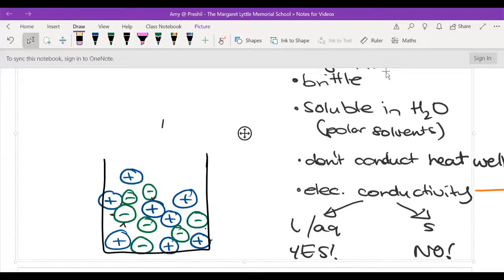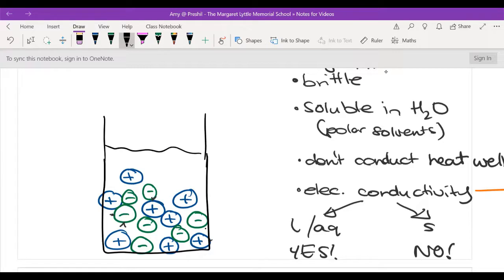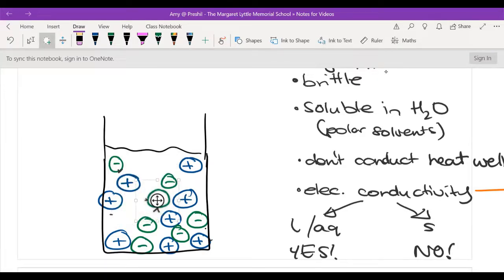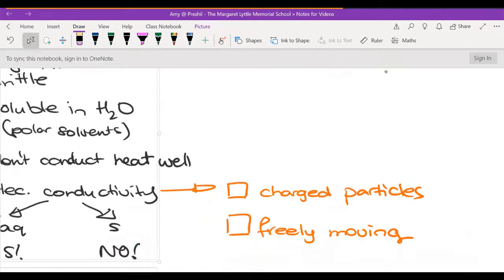Okay, so now that I have either melted or dissolved those ions, it could be either based on the way I've drawn it, now that I've broken that lattice, these ions are able to move inside my container. So in this beaker, I have charged particles that are able to move. Now that ticks both of my boxes.